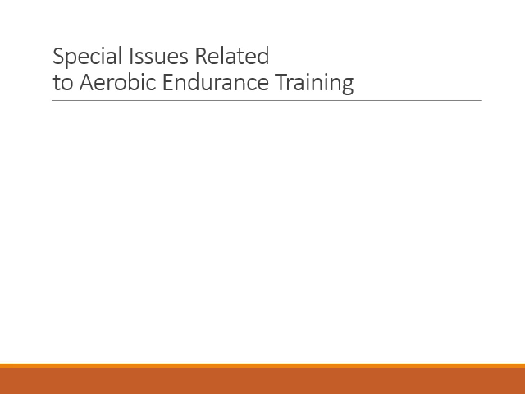So, some special issues related to aerobic endurance training. I talked a little bit about cross training at the beginning. This is where you use a mode of training to maintain their general conditioning, but it's not specific to what they do. For instance, a runner may ride a bike or swim, or a swimmer may come out of the pool and do what we'll call dry land conditioning. This is good because they can improve their general aerobic qualities, and it can also help reduce their chances of injury.